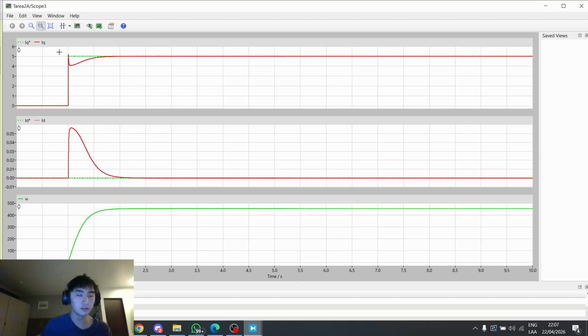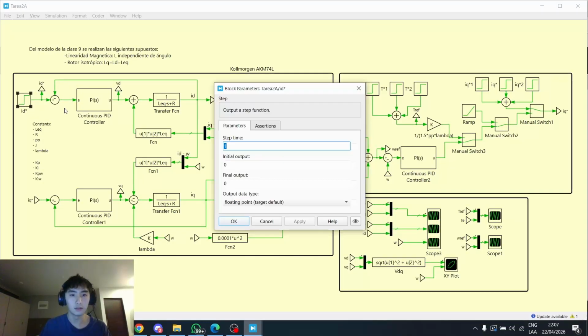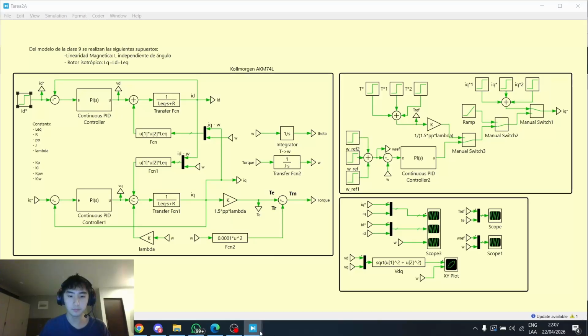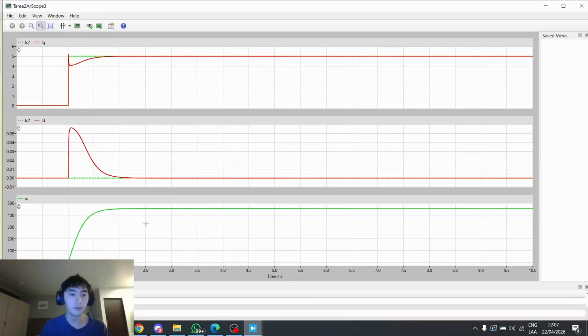Our model is following the reference correctly in the steady state. This is IQ, this is ID. ID is set to 0, as we can see here. And in fact, the speed is also steady and constant in the steady state.